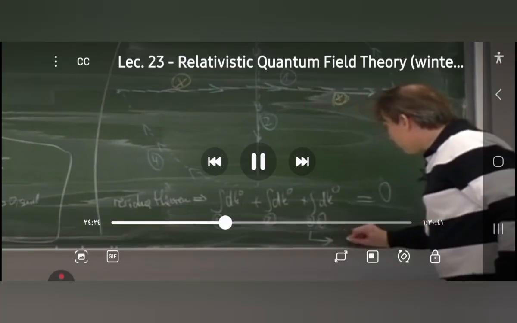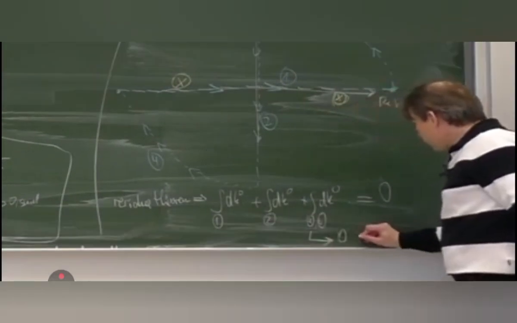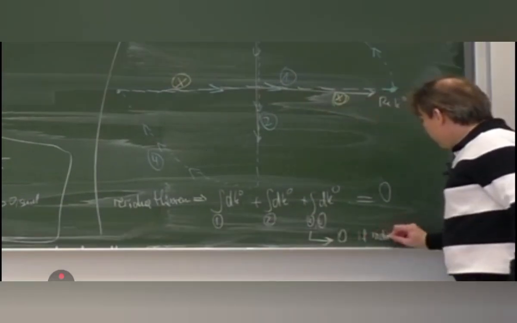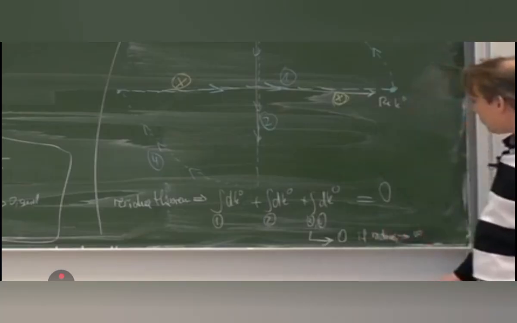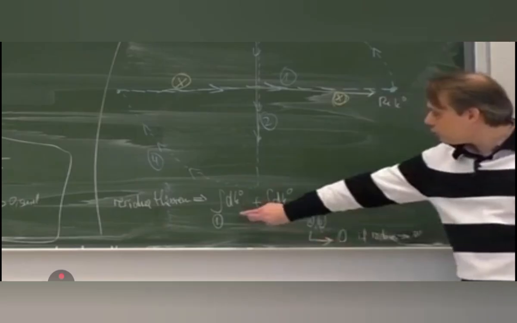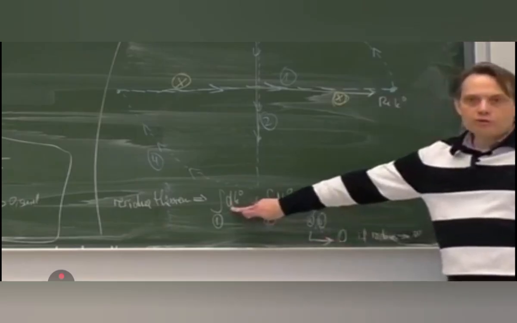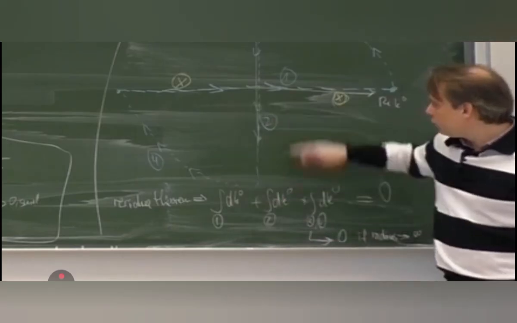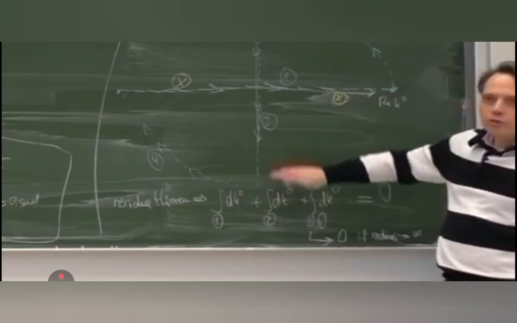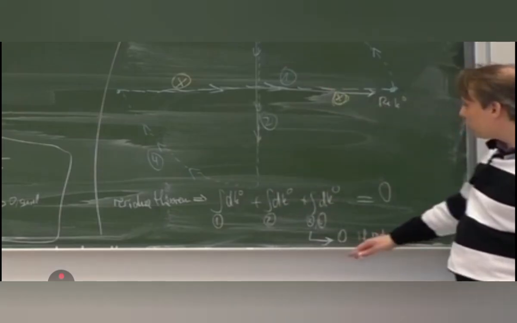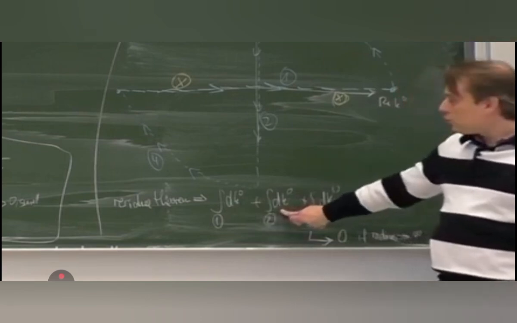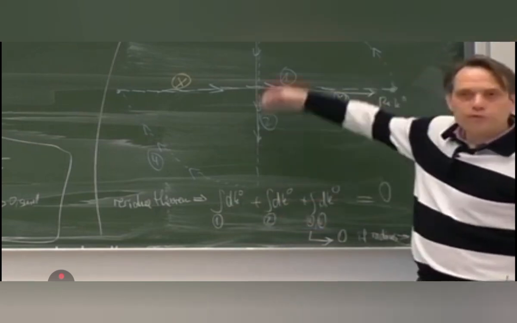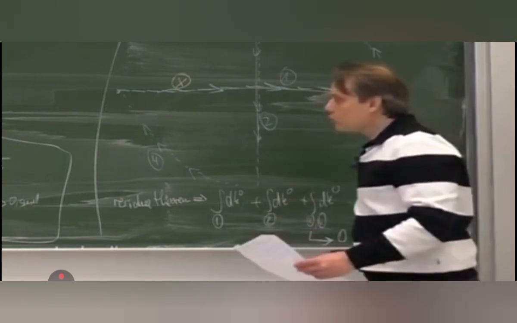So therefore we can neglect this. That goes to 0 if the radius goes to infinity. And simultaneously, if the radius goes to infinity, that will just be our original integral over the real axis, and that will be an integral over the imaginary axis, and then we get a relationship that our original integral is minus the integral over the negative imaginary axis. And that is a relationship that we can use.